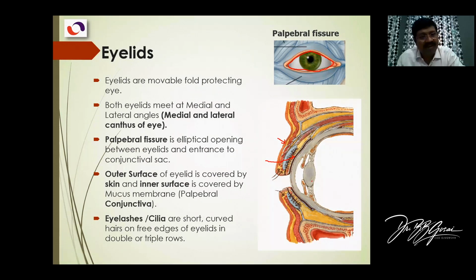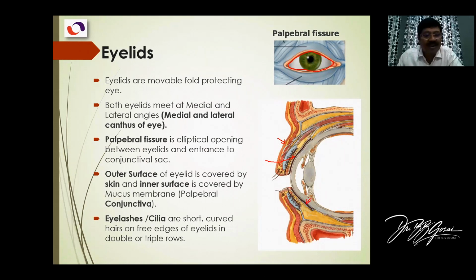The conjunctiva covering the eyeball is known as the bulbar conjunctiva. It is mentioned further also in the presentation, because I am trying to explain the picture itself. So the bulbar conjunctiva is here.